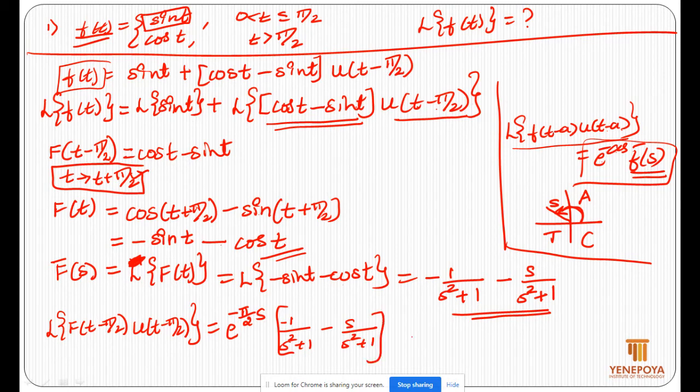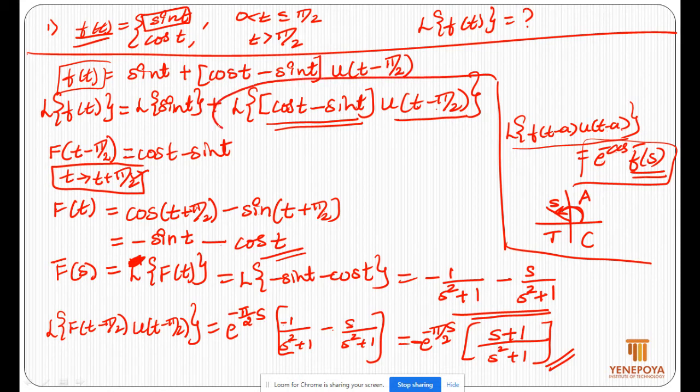Take the negative sign out and s square plus 1 as the common denominator, and you will get s plus 1, or 1 plus s. This is your answer for this term.